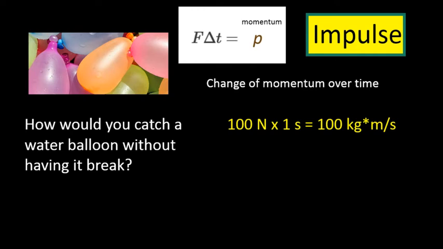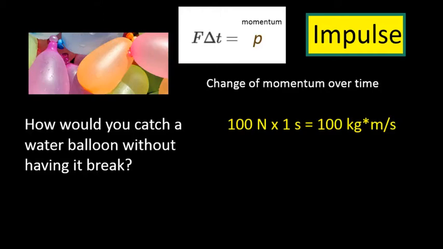impulse is going to equal force times the amount of time. All right, the amount of time that is in contact. So let's say we have 100 newtons, and it takes 1 second to catch the balloon, right? 1 second of contact, and so that's going to be 100 kilogram meters per second.